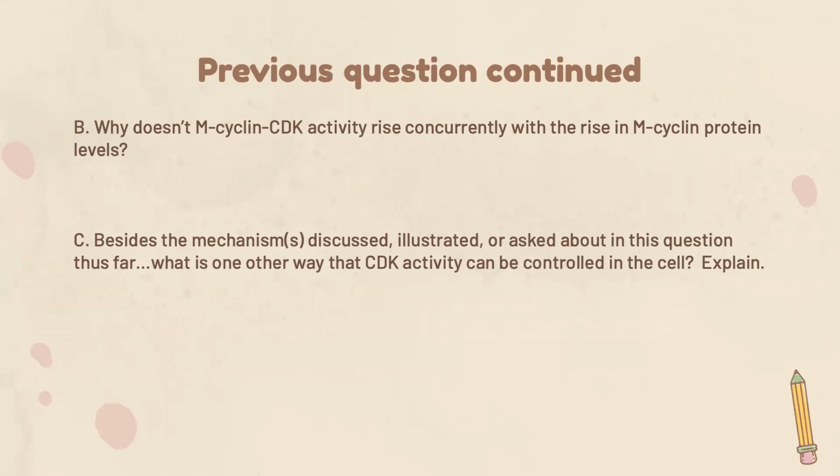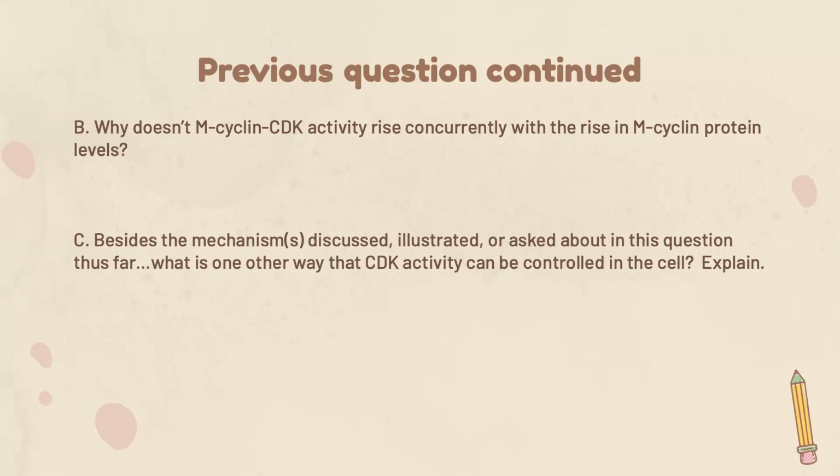And then why doesn't cyclin CDK activity rise concurrently with the rise in cyclin protein levels? Right. So yeah, when the cyclins are made and bind to CDK, they're not activated right away because of that inhibitory phosphate.